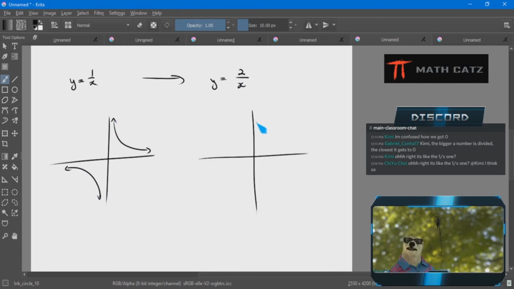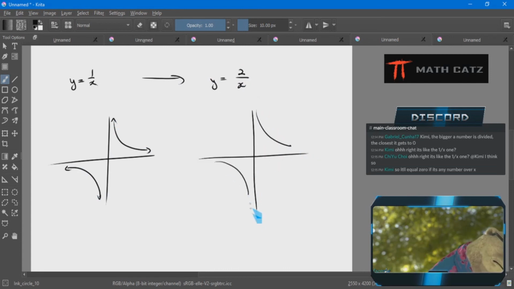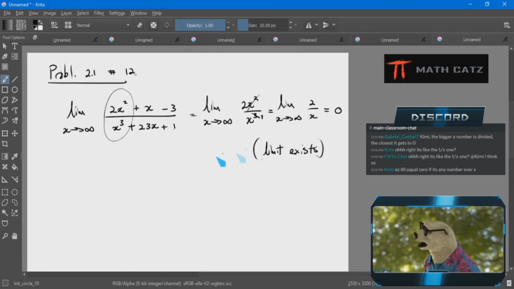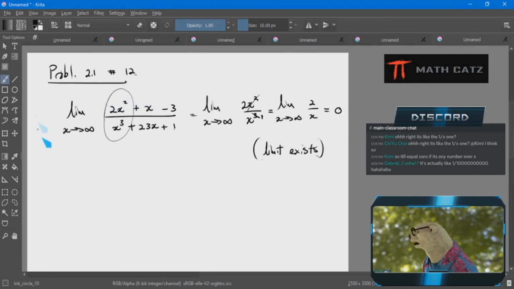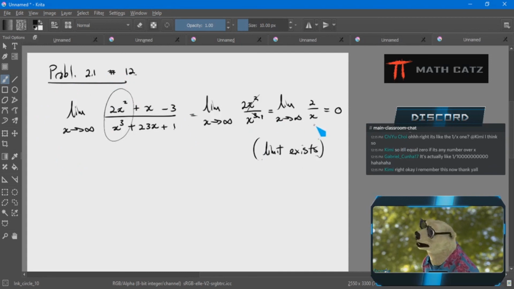What happens? It stretches out a little bit. What happens when x blows up? It's right there. It's heading to 0. So I'm reducing my original question to a question on a function that is a transformation of something I should know extremely well.